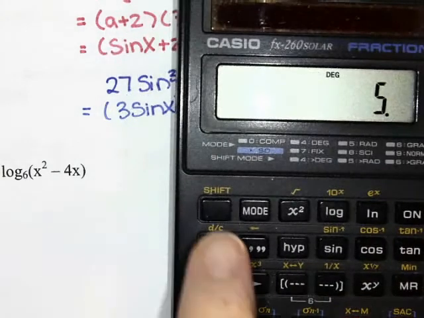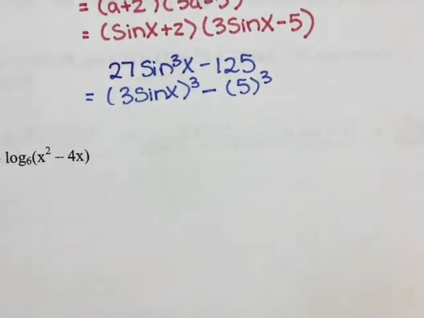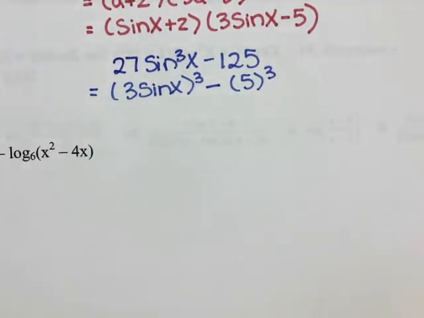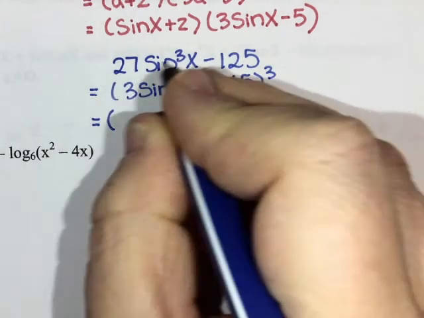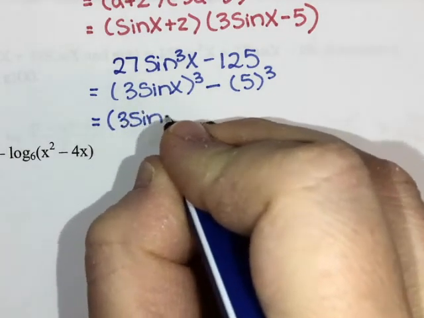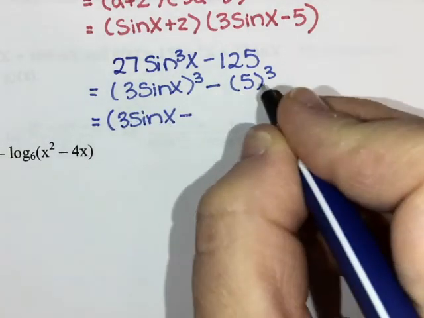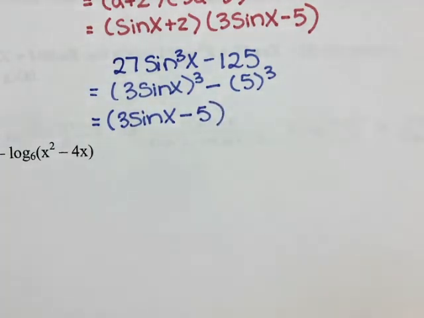I'm just using the second function of my exponent button. That's how I'm doing that cube root. Okay, so that means this is going to be the cube root of the first term, so 3 sine x, and then minus the cube root of that second term, which is 5.